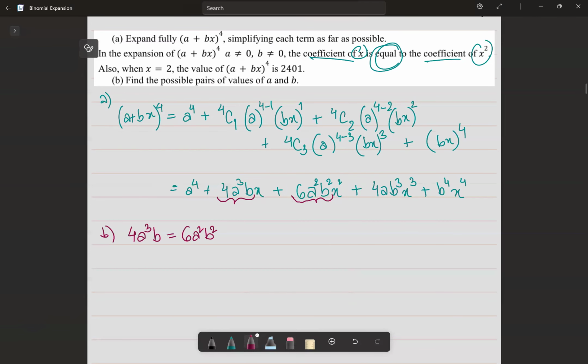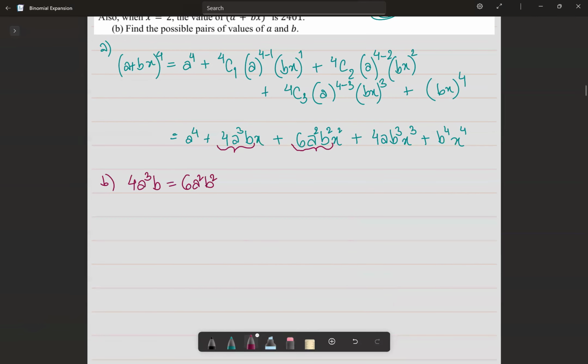Now we have to form an equation from here. So how do we form this? We take this 6a square b square to the other side. So we get 4a cube b minus 6a square b square is equal to 0. We dare not cancel the a and b out because in that way we will reduce the number of solutions.